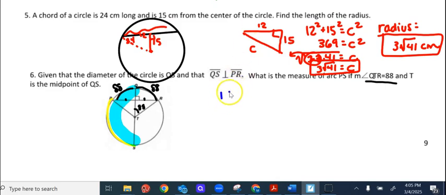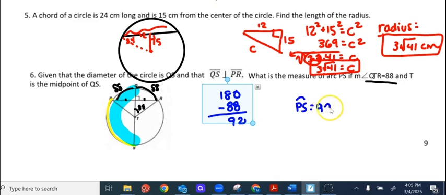So we can just do 180 minus the 88, and that's going to get us 92. So the measure of arc PS is 92 degrees.